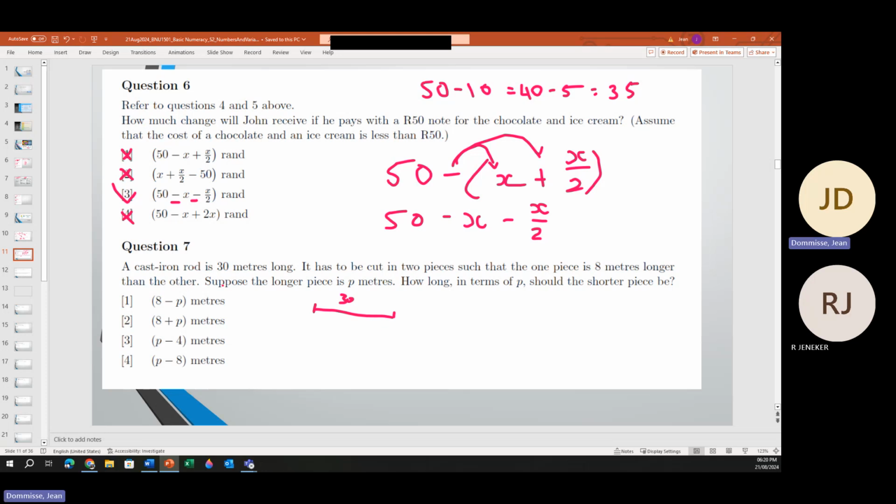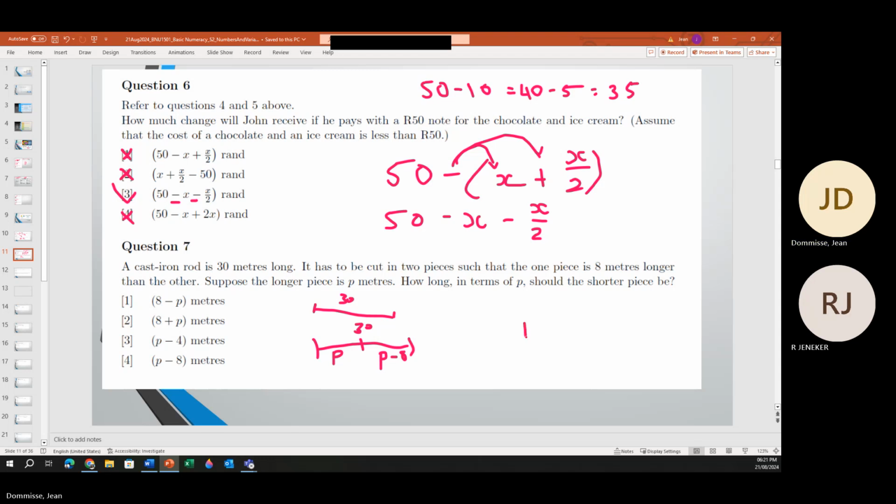Then they say suppose the longer piece is p meters, how long in terms of p should the shorter piece be? Okay, so they basically say this 30 meters, you cut it into pieces. The longer piece is p, the shorter piece is p minus 8. And let's just see first if that makes sense.